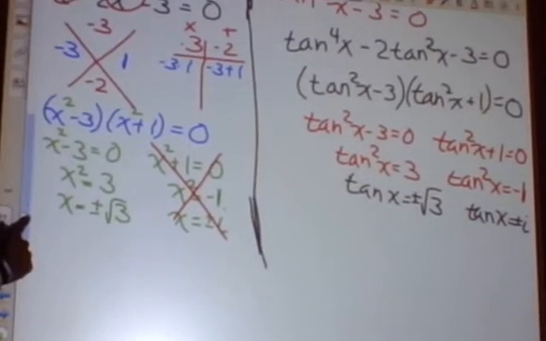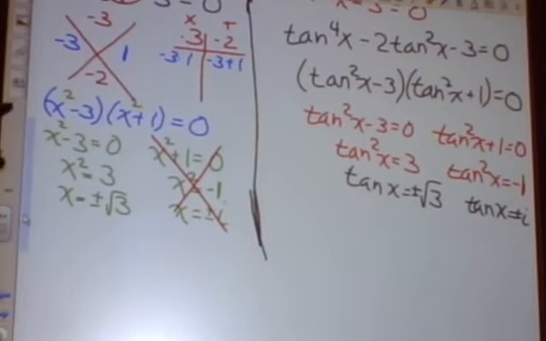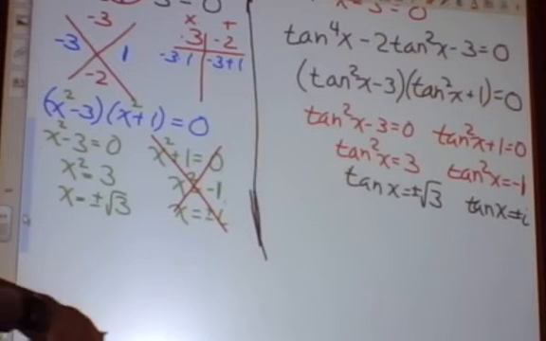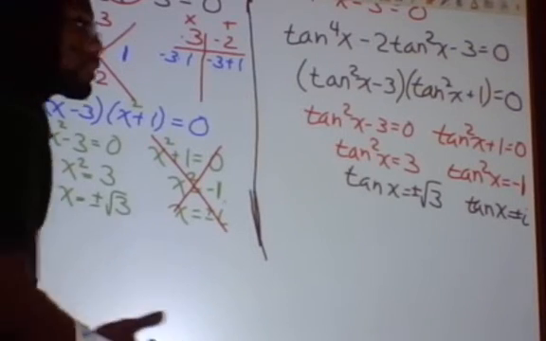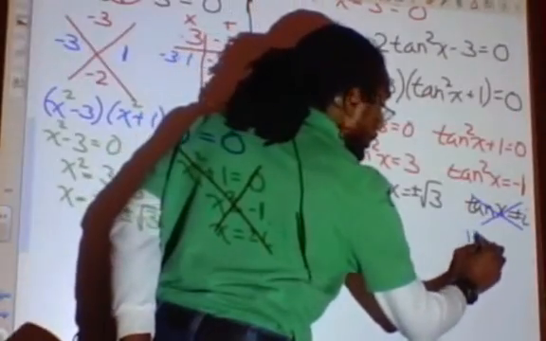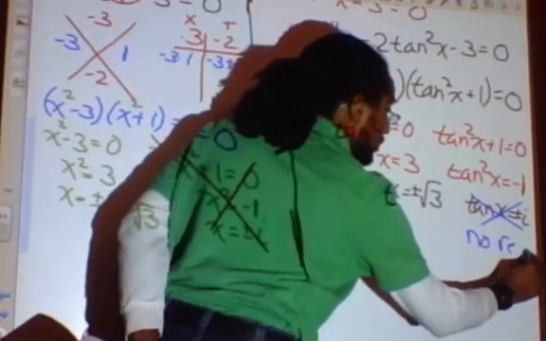Now, once again, we're looking for real values, and there's never a point that we have tangent equaling an imaginary number, because we're looking for real values. So for this one, we cancel that out because there are no real values here.